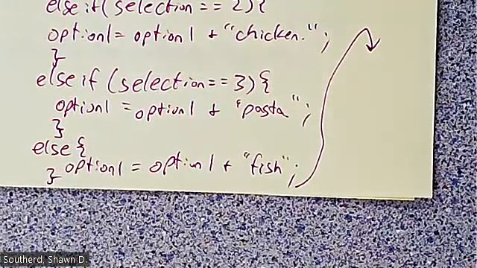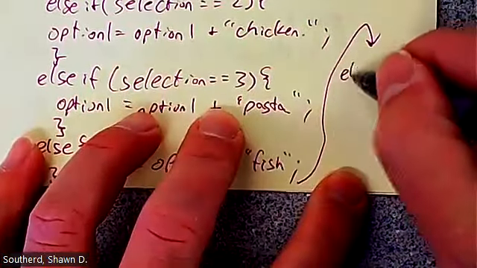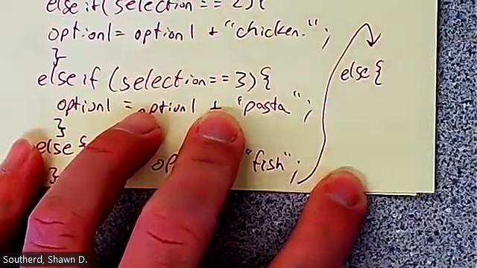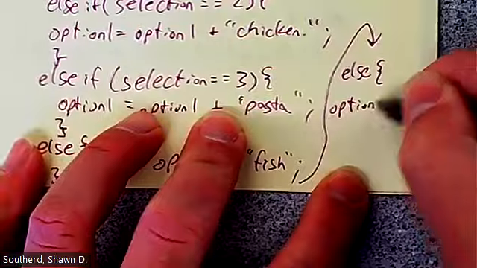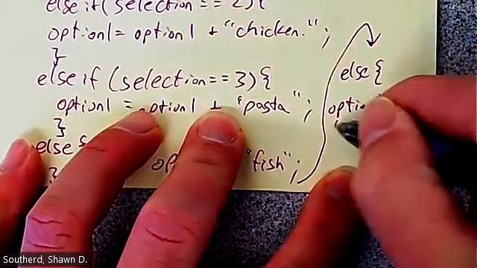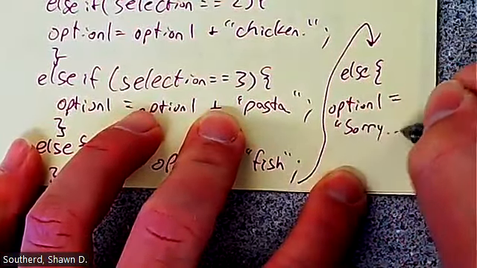And remember, pay attention. It says, regardless of the value of the selection, we need to store in option 1 that sorry, you can't make it. So I used an else. And then we're just going to set the value of option 1 equal to, like, sorry, you can't make it, or whatever is said.